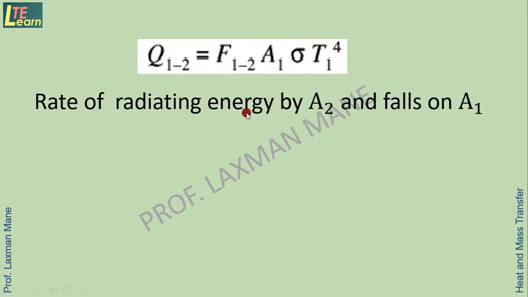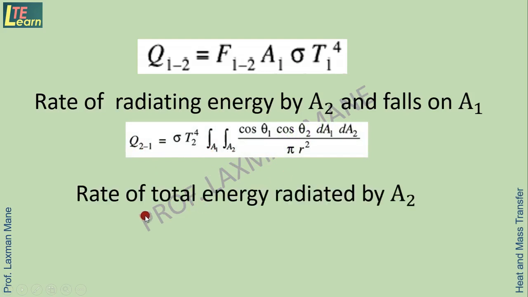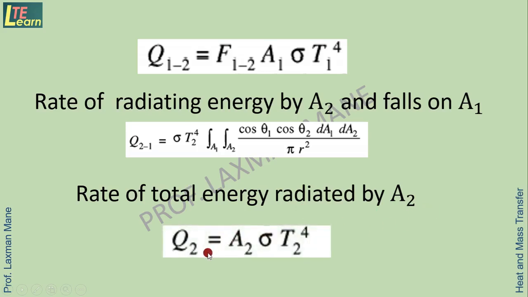Now the rate of energy radiated by A2 and falling on A1. This is the reverse case, from 2 to 1. So we will have Q2-1 equal to this equation. The rate of total energy radiated by A2, that is Q2, is equal to A2 into sigma T2 raised to 4.